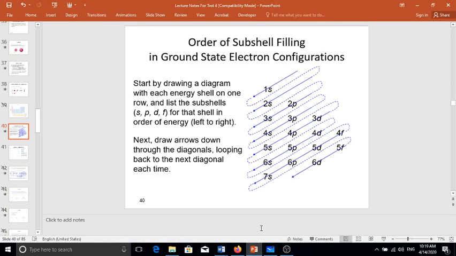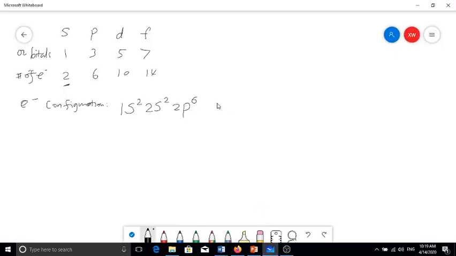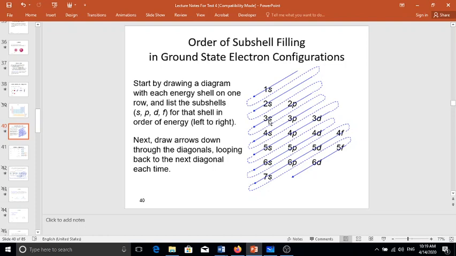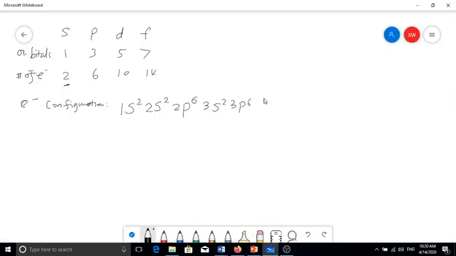And after 2p, you have 3s and then 3p. Let's keep going. 3s2 and 3p6. After 3s, after 3p, it's going to be 4s. So 4s, just like 3s and 2s and 1s, holds up to 2 electrons.